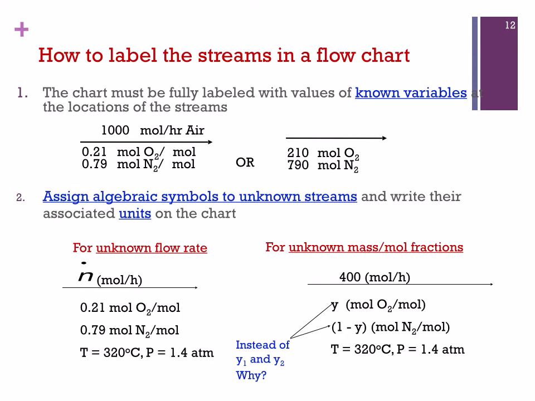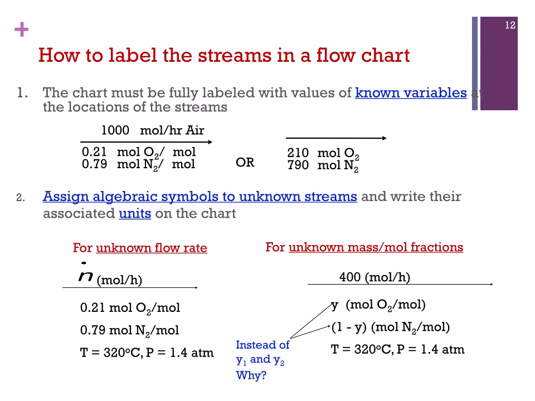So we will have 0.21 mole O2 per mole of air and 0.79 mole of N2 per mole of air. The temperature and pressure for the streams should be written below this composition. In this case, it's 320 degrees Celsius at a pressure of 1.4 atmosphere.